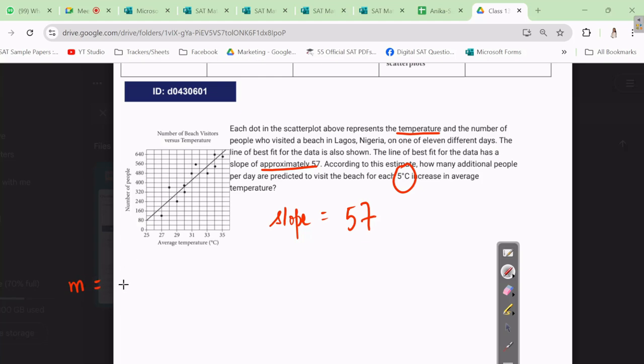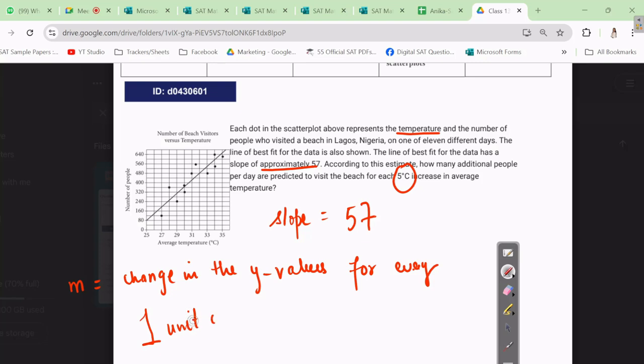Interpretation of slope: slope is actually the change in the y values for every 1 unit change in the x values.